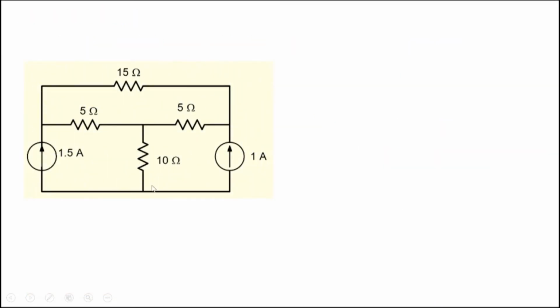A complementary case: if I use mesh analysis here, I immediately know I2 is 1.5 amperes, I3 is -1 ampere, and only one unknown, which is I1. So I have to write only KVL here, with one unknown, and I will get the answer immediately.